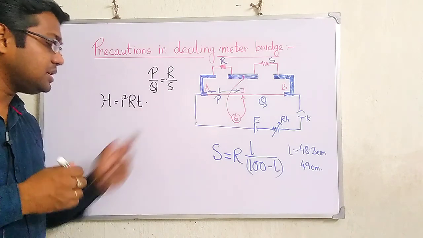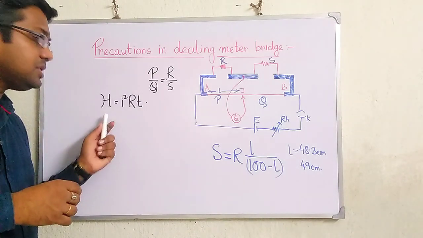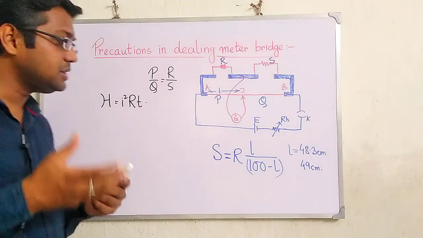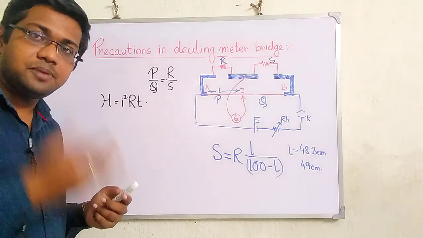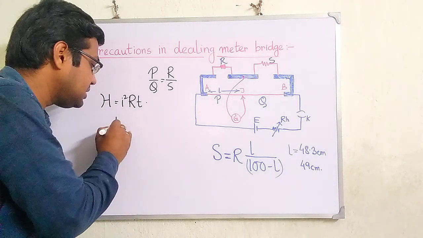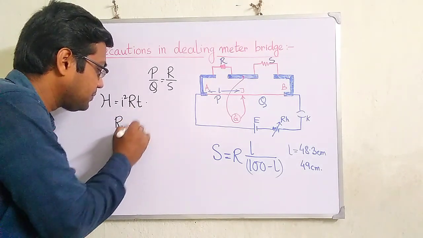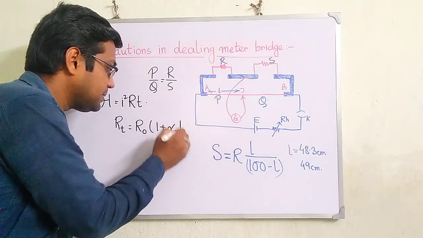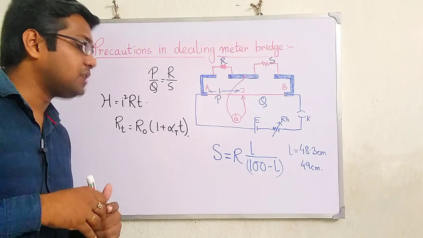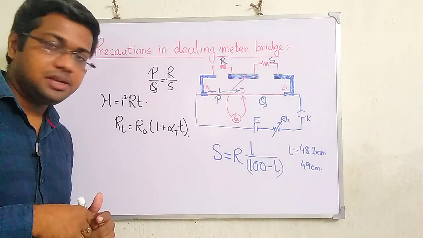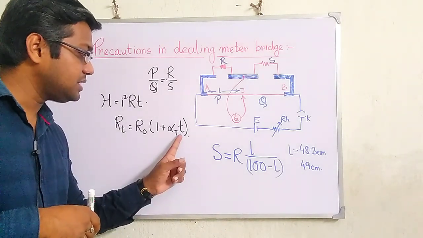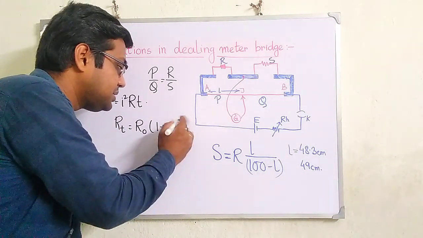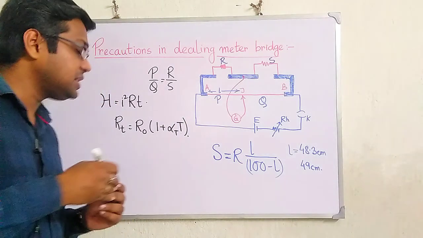since T will increase, heat will be generated. If heat is generated, then the temperature will increase. If the temperature increases, then the resistance of the wire will change according to this formula: RT equal to R0 into 1 plus alpha into T, where T is the rise in temperature.